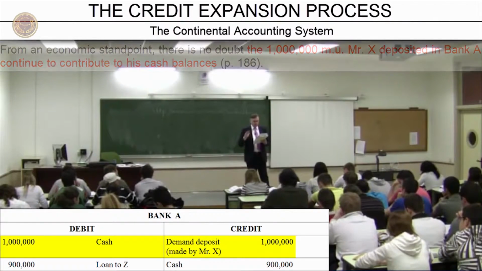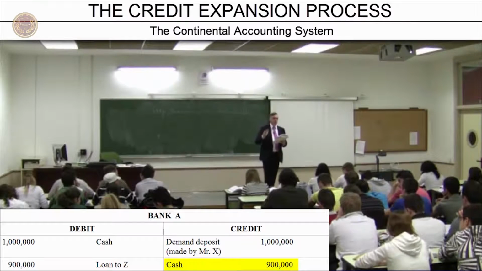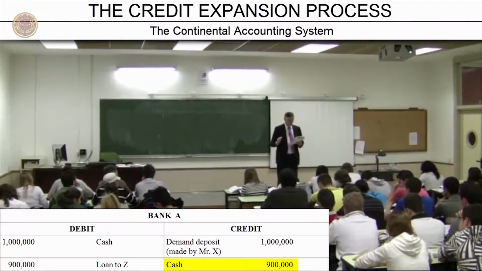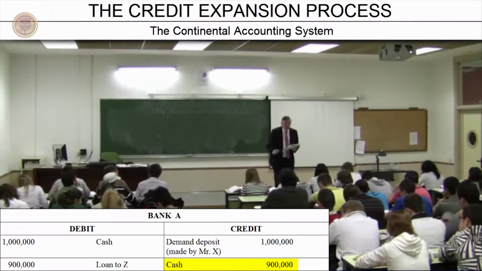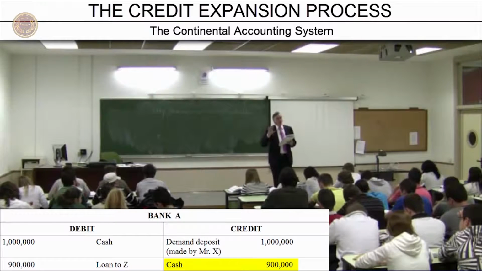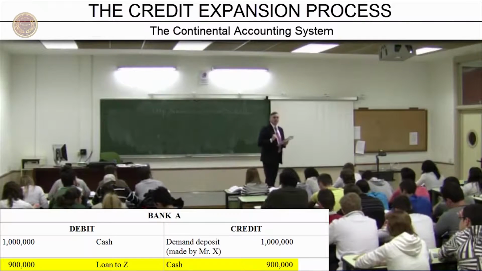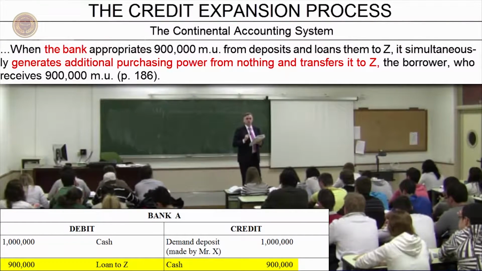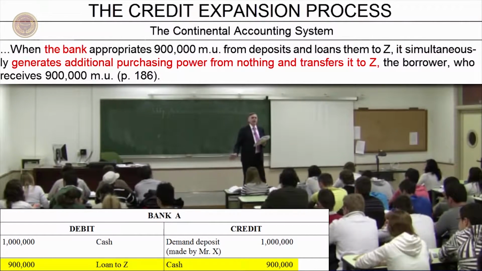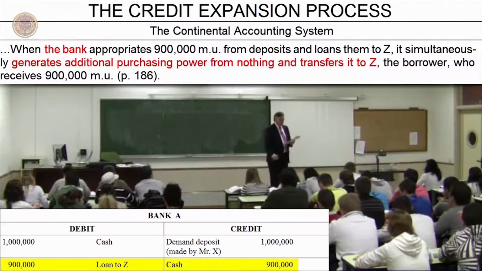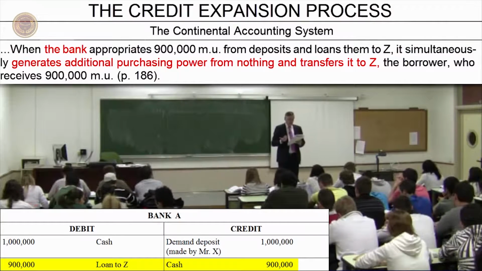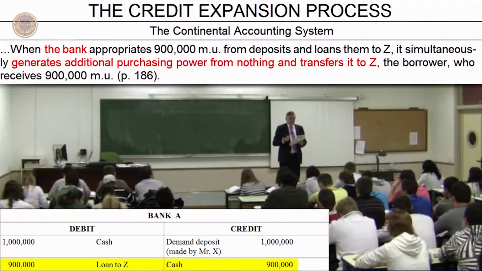Now, take note. When the bank appropriates 90%, 900,000 monetary units, which it had in its vault at the disposal of Mr. X, and it lends the money to a third party, to company Z, Z simultaneously receives 900,000 monetary units, and Z has in its cash balances 900,000 monetary units, which it receives as a loan.